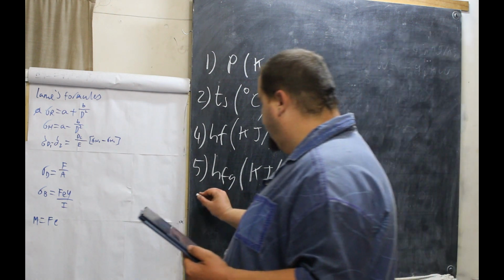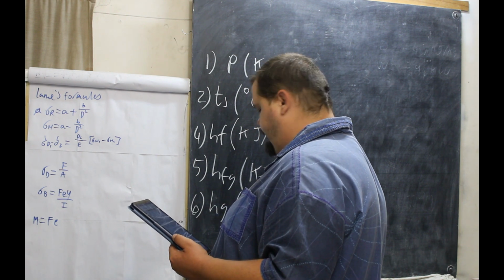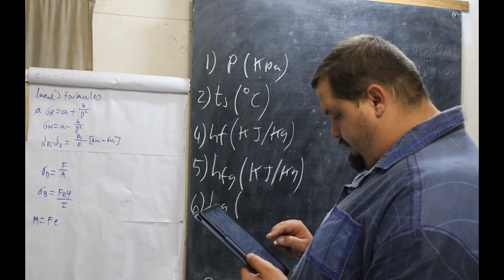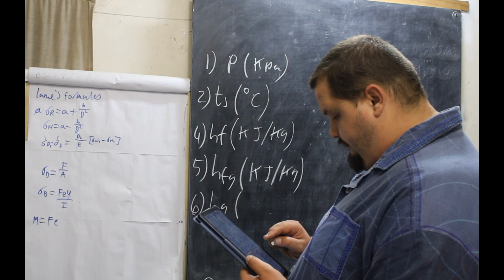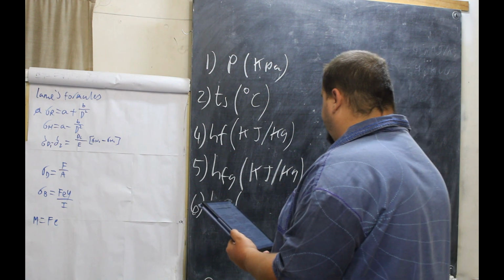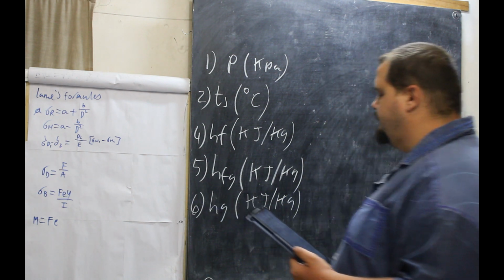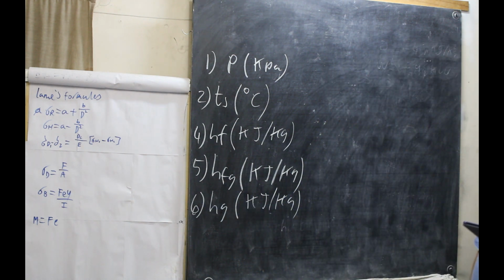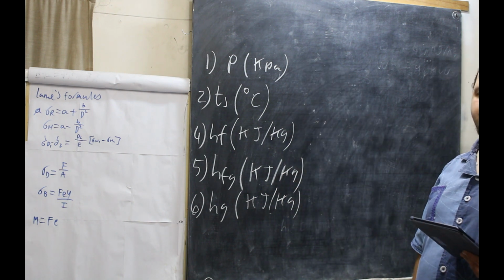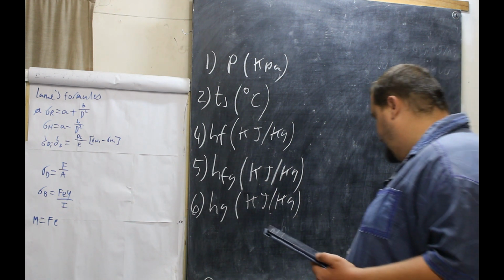And then the last one that we look at in our steam tables is Hg, and that is our enthalpy of dry saturated steam, also measured in kilojoules per kg. These are the main things you will always be looking at when you're working with steam tables. Now I'll show you how to apply the steam tables to a problem.